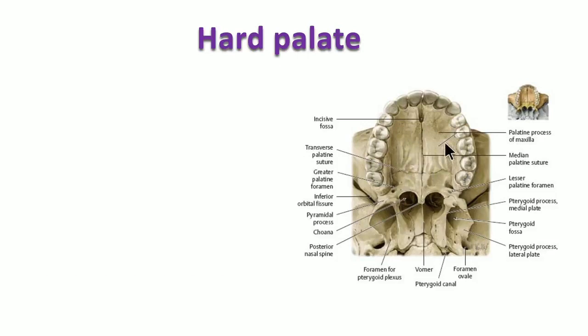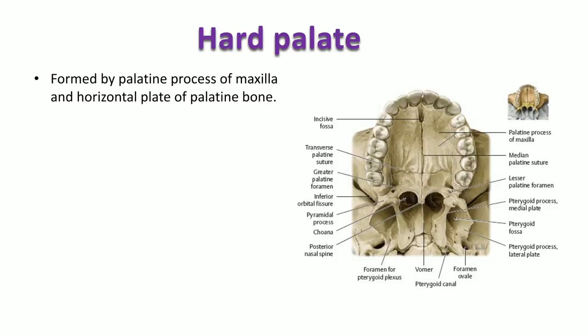Here you see the palatine process of maxilla, and this is the horizontal plate of the palatine bone. So that is the palatine process of maxilla, and the other bone which you see is the horizontal plate of the palatine bone.